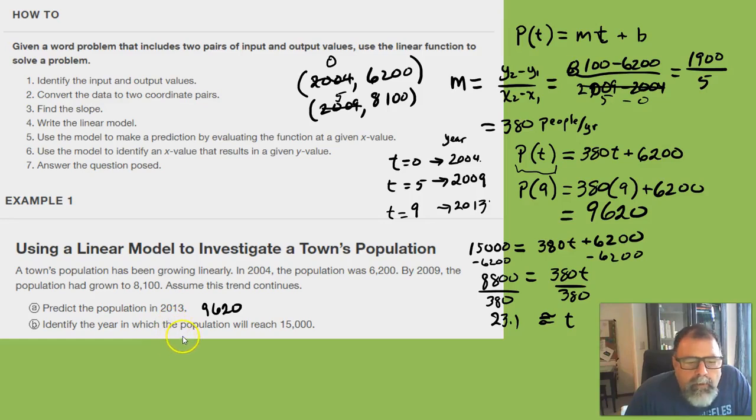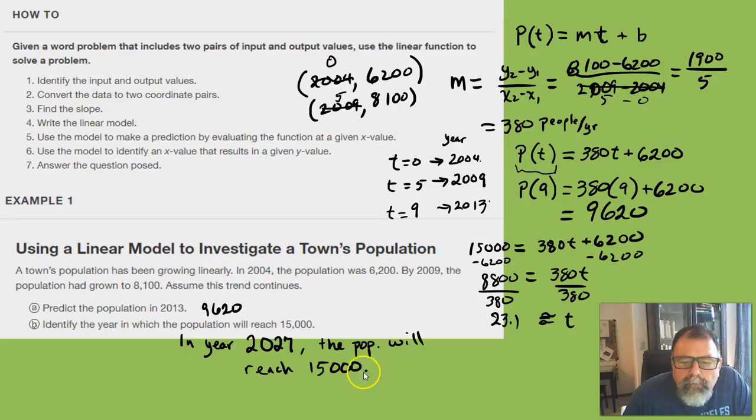So in year 20... okay, so 23 plus 2004 would be 2027. So sometime during that year, right? In 2027, the population will reach 15,000 people.